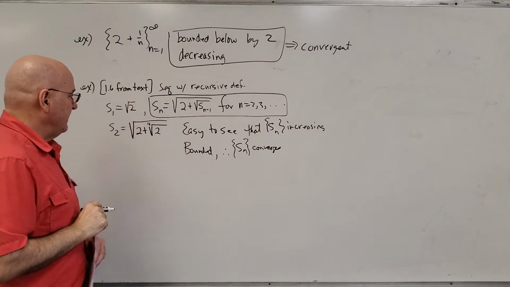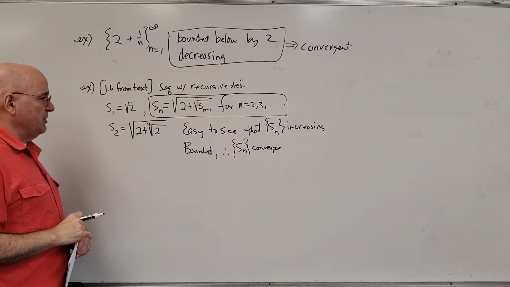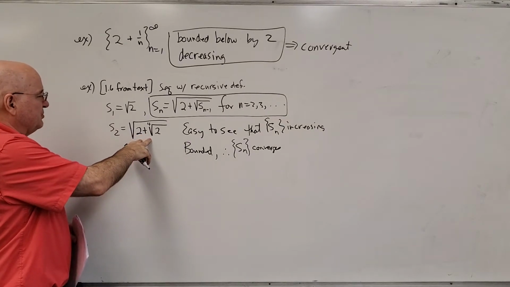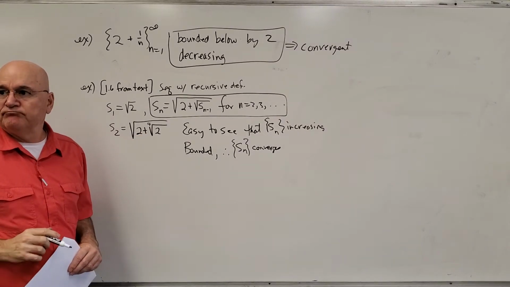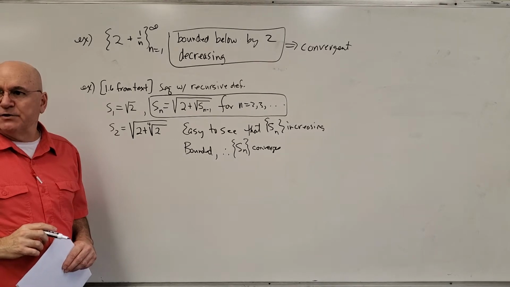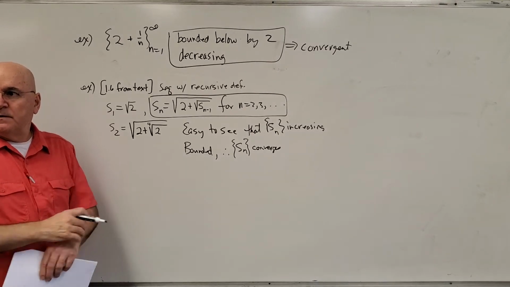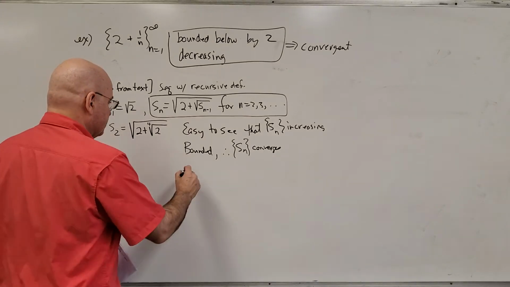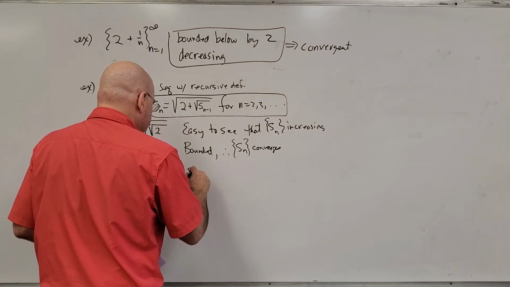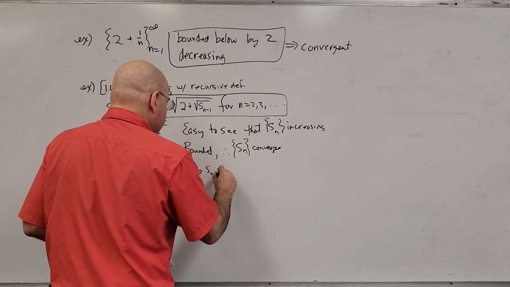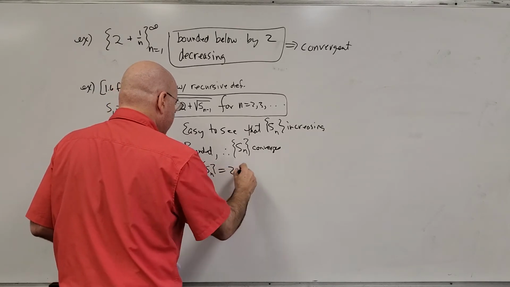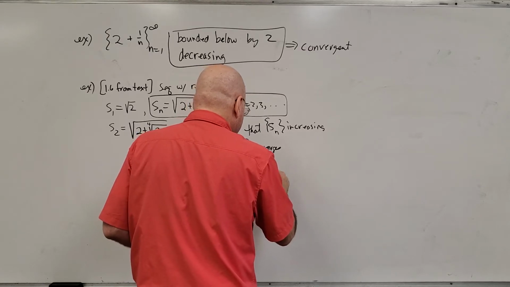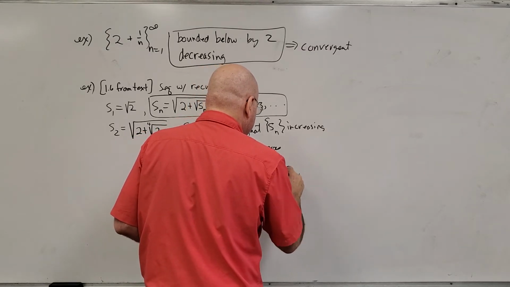And I believe in the text they showed that the least upper bound was actually equal to 2. By finding the least upper bound, that tells you that Sn converges to 2. So I'll just write down that the supremum of the Sn's is 2, and that implies that Sn converges to 2.